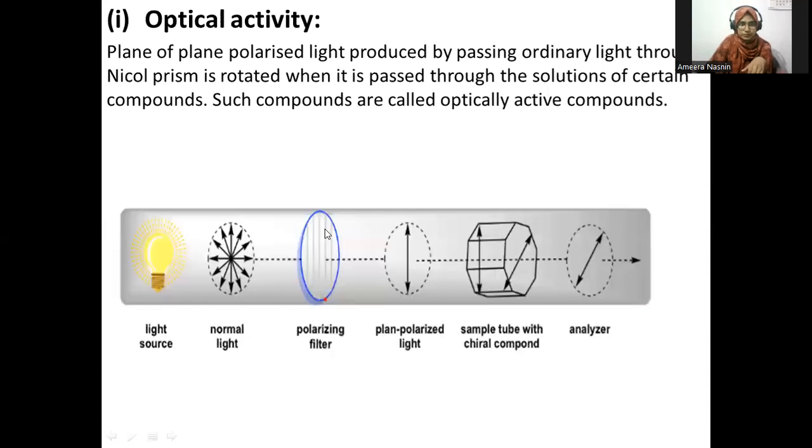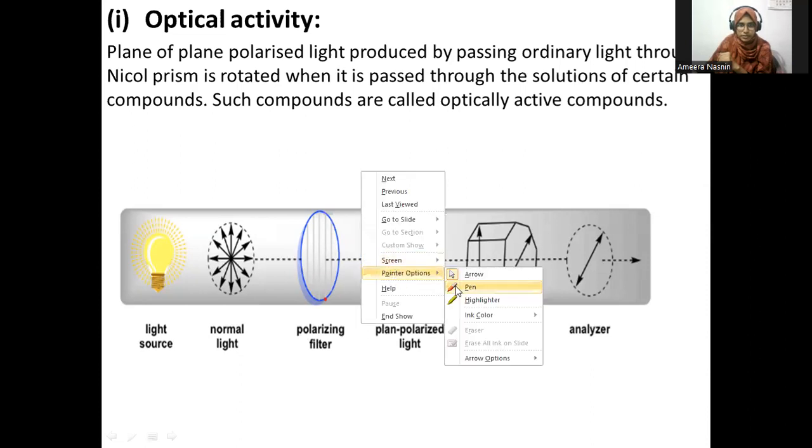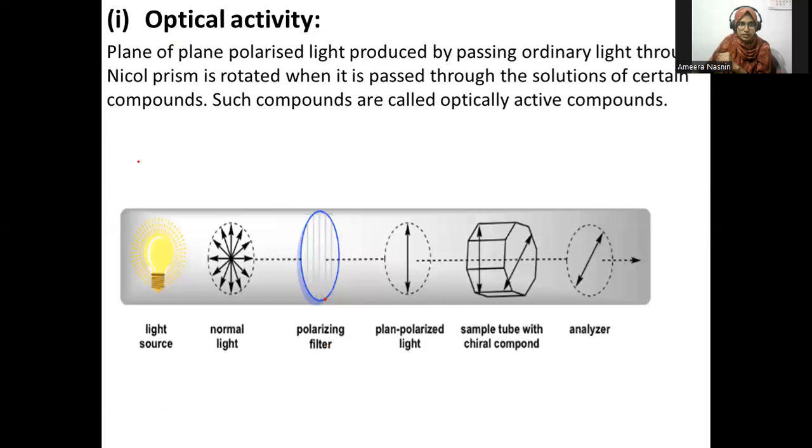So let's see. This is a light source, and this is our normal light, where there is vibration in all directions, and we pass it through a polarizing filter. In this case, it's this nickel prism.